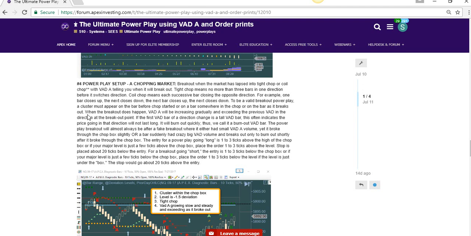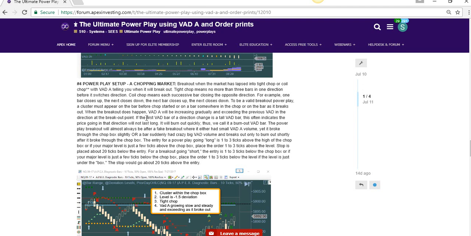Well, with this, it has to be the bar before the chop started, a bar within the chop, or the breakout. When the breakout does happen, VAD A will be increasing gradually and will exceed the previous VAD of that same direction at the breakout point. I'll show you what that means.